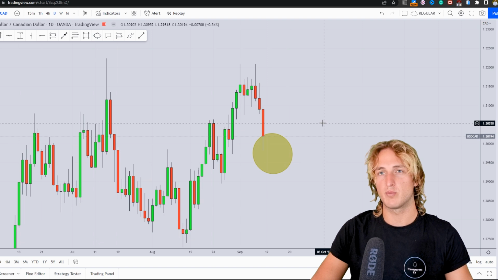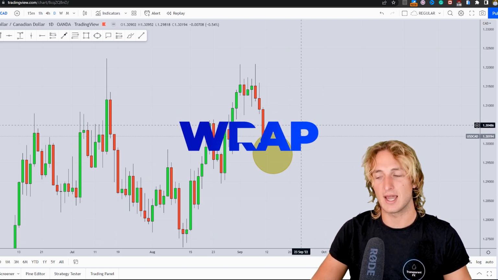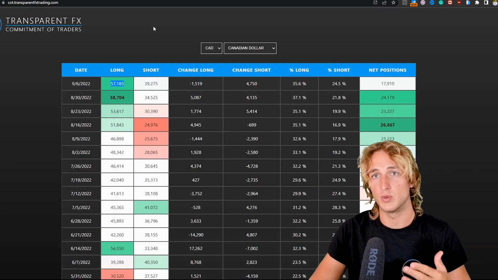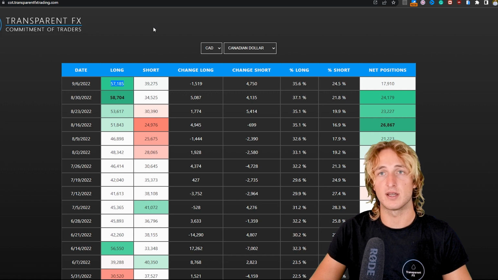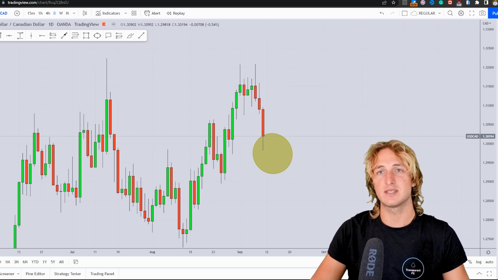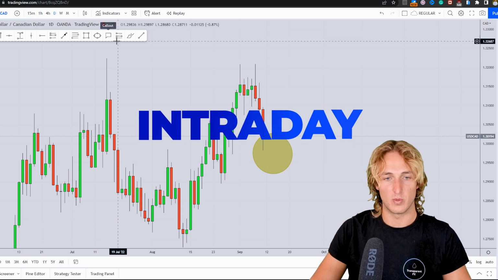So how could we be approaching this potential longing opportunity? Now, as usual, trading is reactive and not predictive. The monthly, weekly, and daily combined with the COT data, those are the best time frames from a directional perspective. However, when it comes to confirmations and entries, the best time frames are the intraday time frames, so 4 hour and lower.